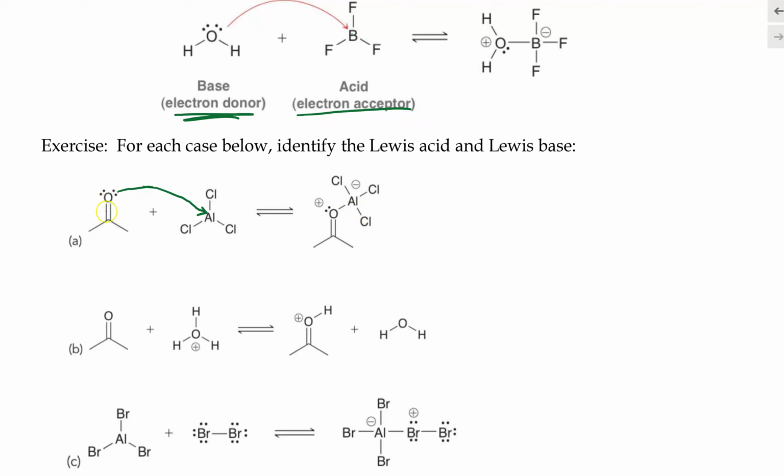Because this is an electron donor, this makes it a Lewis base. And this aluminum right here is the electron acceptor because it gained electrons in this course. And this will then make this a Lewis acid.